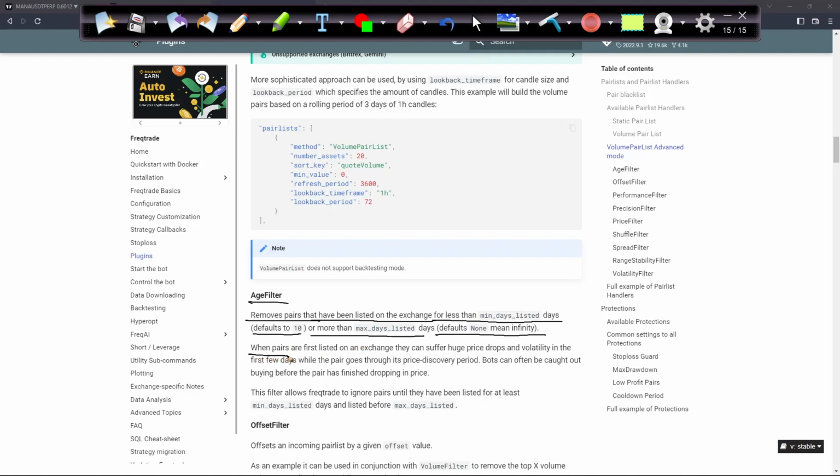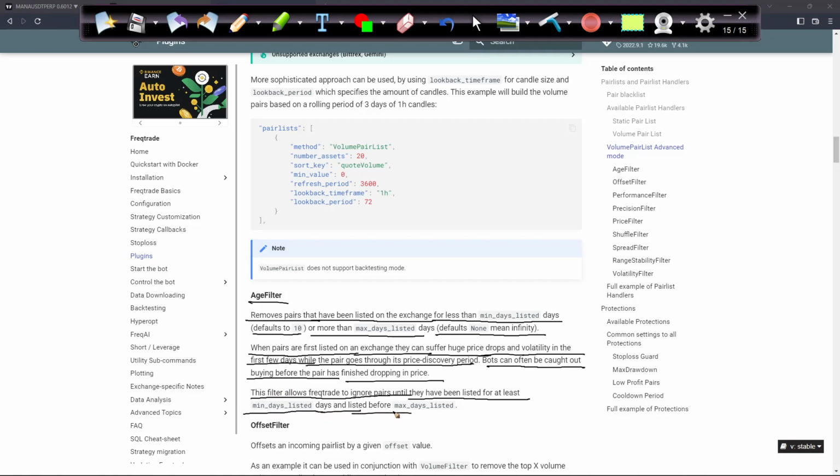When pairs are first listed on an exchange, they can suffer huge price drops and volatility in the first few days. While the pair goes through its price discovery period, bots can often be caught out by buying before the pair has finished dropping in price. This filter allows Freqtrade to ignore pairs until they have been listed for at least minimum days listed and listed before maximum days listed.